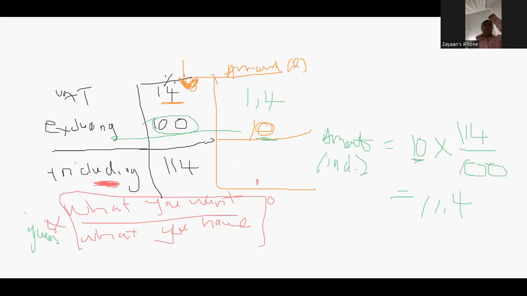You have the VAT amount and you have the amount excluding VAT, so you can just add the 1,4 plus 10, which gives you 11,4. That is what we just calculated, the amount including VAT.